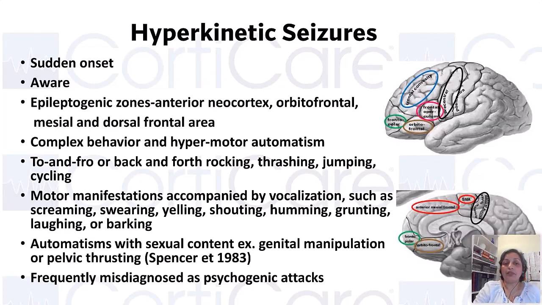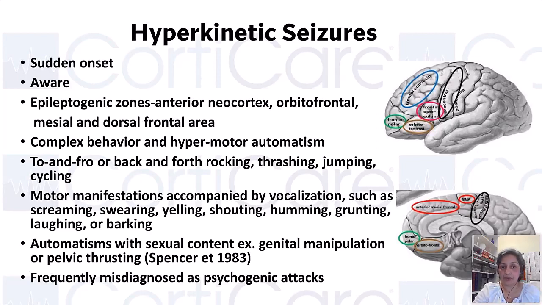The seizure has complex behavior and hypermotor automatism, compared to temporal lobe seizure, where the automatism is not of very high amplitude movements. Complex behavior, hypermotor automatism is a hallmark of frontal lobe seizures. The patient is rocking back and forth, to and fro, thrashing, jumping, cycling. And these motor manifestations come with vocalization.